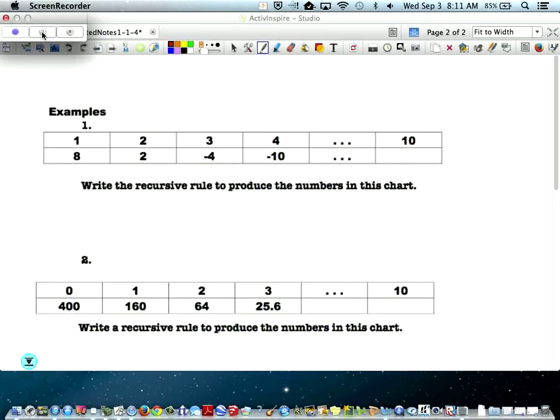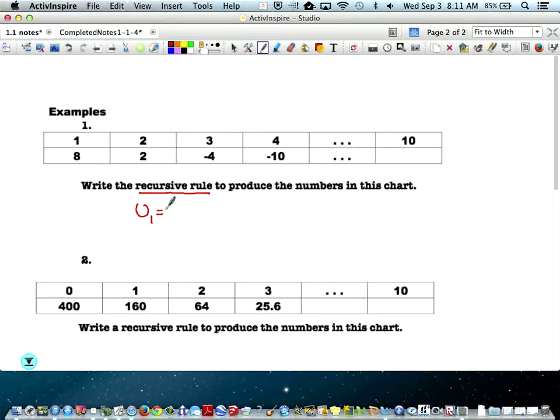As you look at this, you can tell what's happening, right? They're probably simple enough numbers that you can see it, but if not, subtracting 6 does work. So to write a recursive rule, we need a starting value. They start us with what term? 1. So you write u sub 1 is equal to 8.